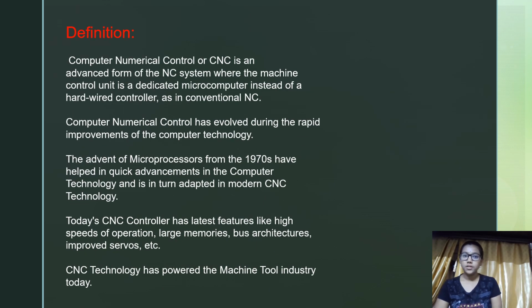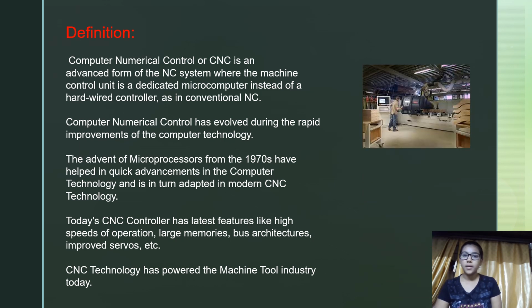Definition. Computer numerical control, or CNC, is an advanced form of the NC system where the machine control unit is a dedicated microcomputer instead of a hardwired controller as in conventional NC. Computer numerical control has evolved with the rapid improvements in computer technology.